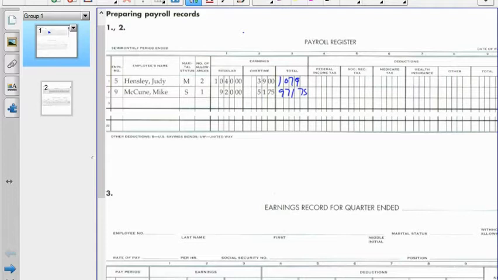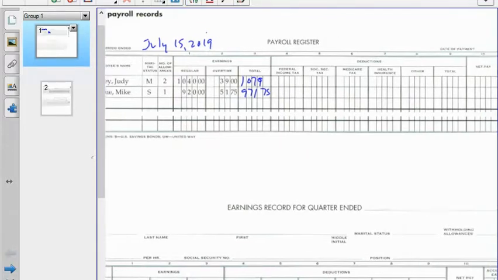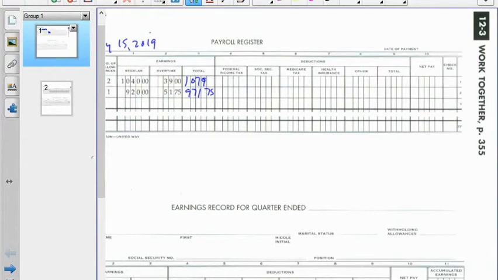We head on back to the top. We look at our semi-monthly pay period. This was July 15th, 2019. We look in the textbook, and it tells us that the day we are completing this is, again, July 15th, 2019.